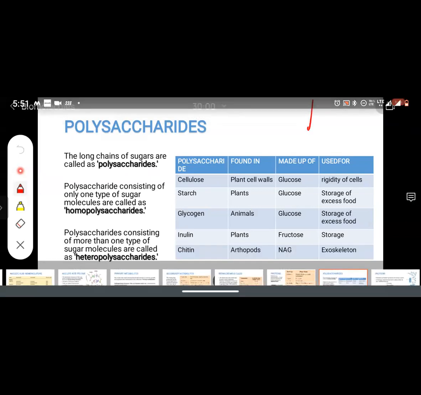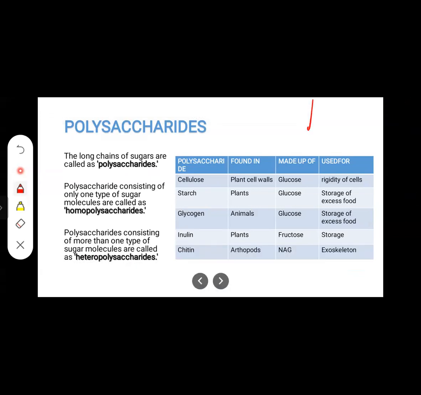Okay, and if you talk about glycogen, it is the storage food in animals. So animals will store the excess food material in the form of glycogen. And next is inulin. This is also present in plants and it is made up of fructose, and it is also for the storing of food materials.